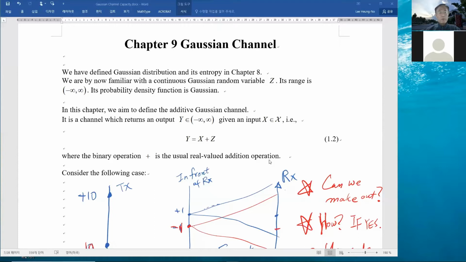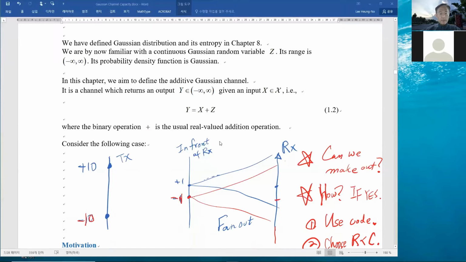So for example, 1.5 plus 0.5 is 2.0. So that's the usual high school addition operation. Okay, so this type of channel is everywhere in our life. We'll see that soon.